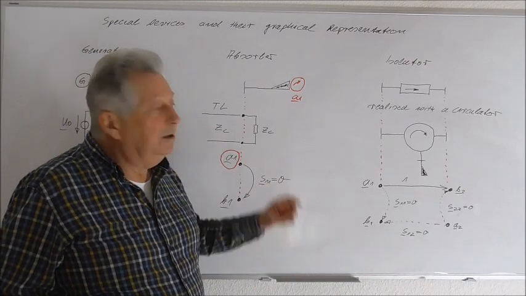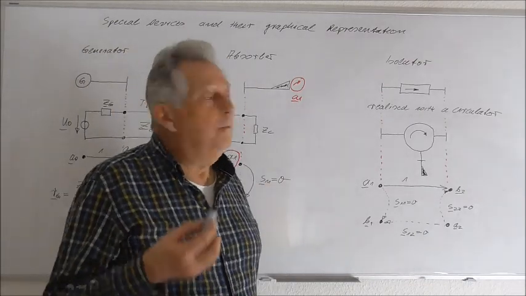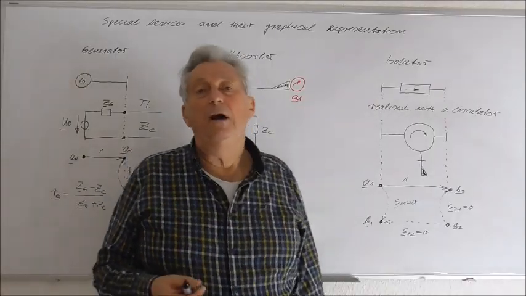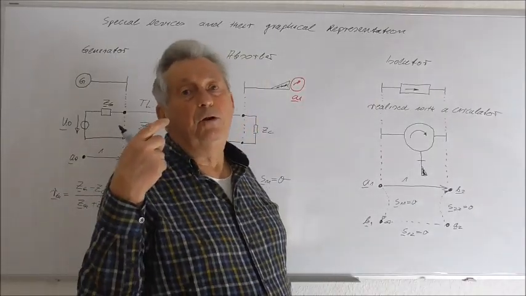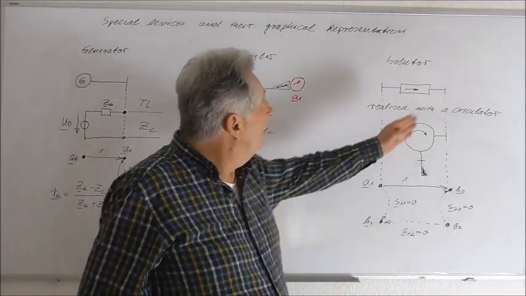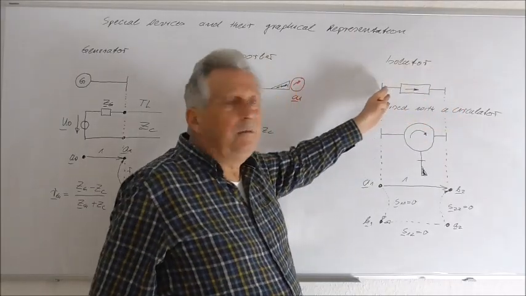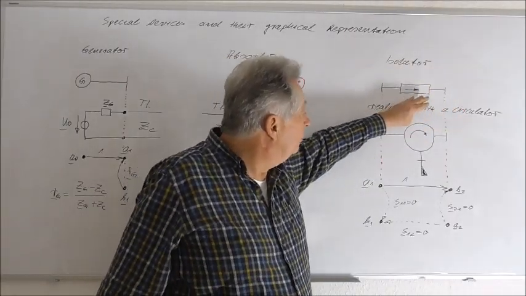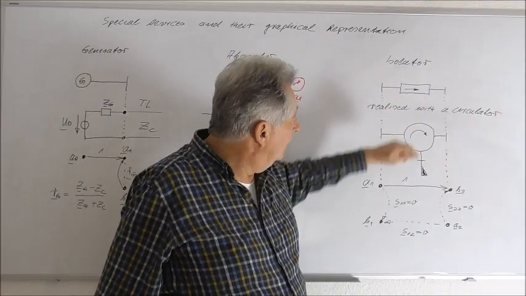And also what we need to set up a measurement system is a so-called isolator. The isolator is responsible for the fact that if a wave is reflected back into our generator, this wave will be absorbed in the isolator.